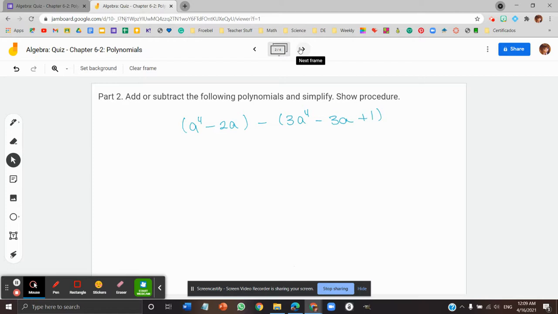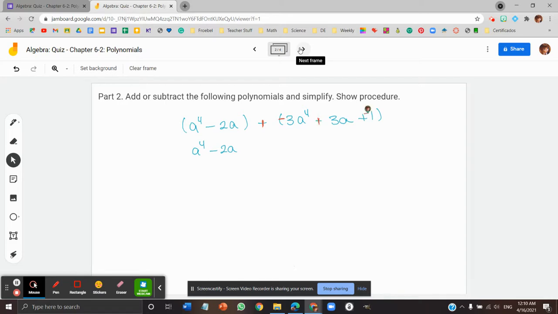So just like we do with integers, we can do with polynomials. The first group stays the same. I'm going to do this in color. I can change that subtraction to an addition. But if I do that, I have to change the signs of all my group, right?